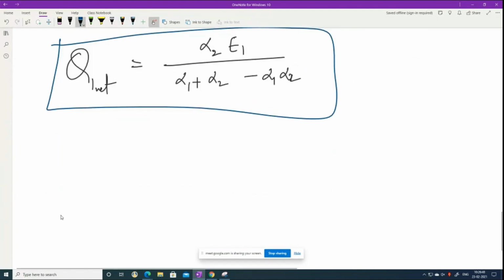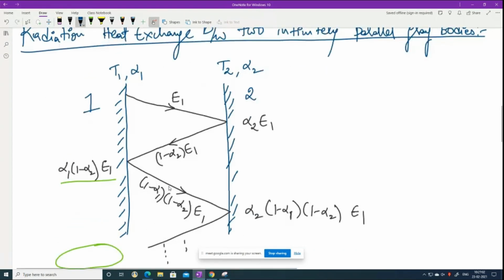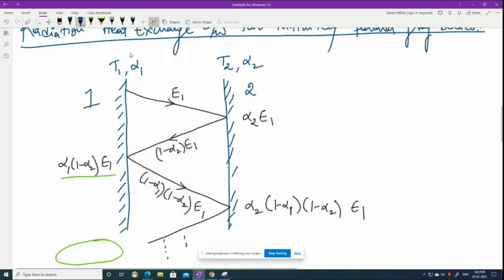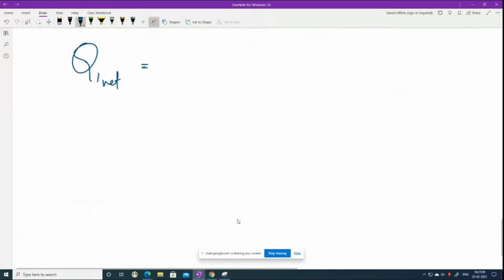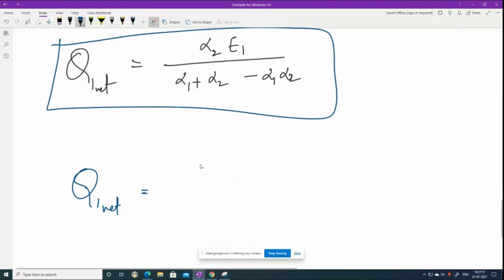Also, you know what is called the Kirchhoff law of radiation. As per that, alpha is also equal to epsilon. So the same expression you can solve for emissivity in place of absorptivity. Here you put emissivity and you will get the same expression. So ultimately, in place of alpha, you will put epsilon.